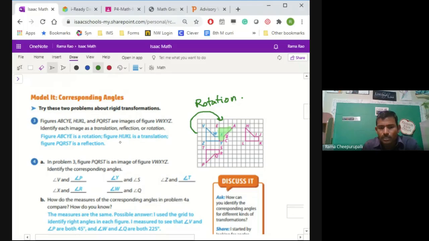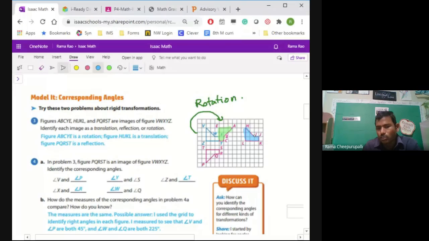And then definitely you can see H, I, J, K, L. This one is a translation because this is the original picture. It's translated. It's moved from one place to the other place. Okay, someone with a different color here. So this is a translation because it started from here and went up to here.